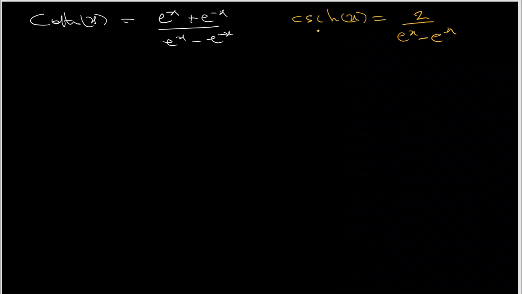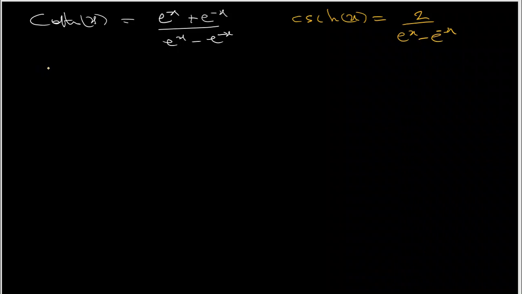And then hyperbolic cosecant of x is 2 over e power x minus e power negative x. This is also the reciprocal of the hyperbolic sine.